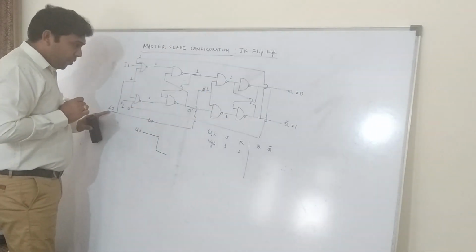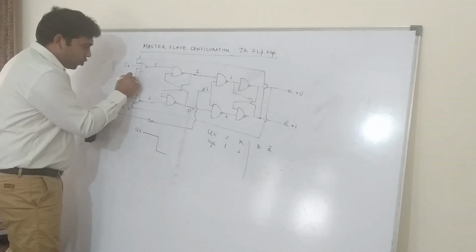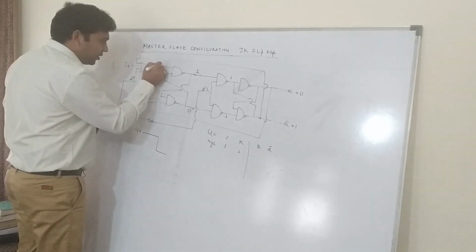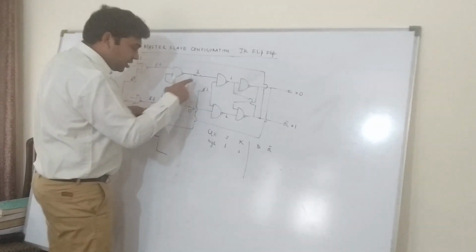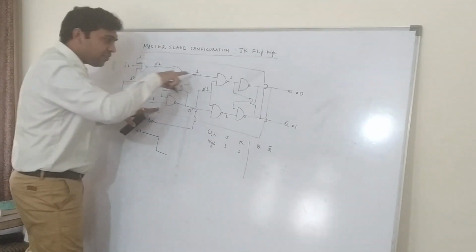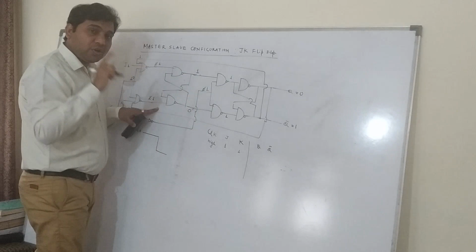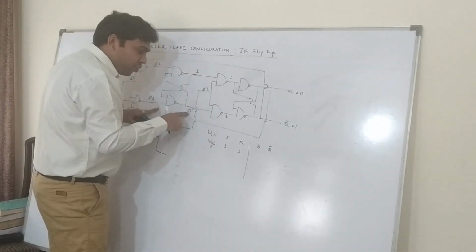Now since this becomes 0, this becomes 0, and this becomes 1 1. And 1 1 is a memory state, and what is the state? State is 1 0. So because of this 1 1, this 1 0 will remain 1 0. They are not going to change. This is very important. This 1 0 cannot change.